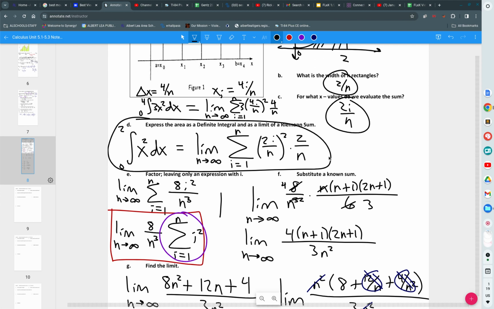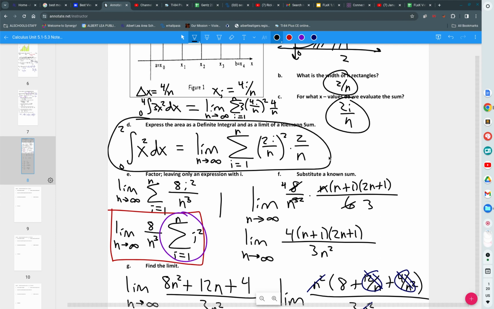Good. Good. Multiply these out. So 4i over n squared times 4 over n times 3. This is correct. You can check your answer via your calculator.